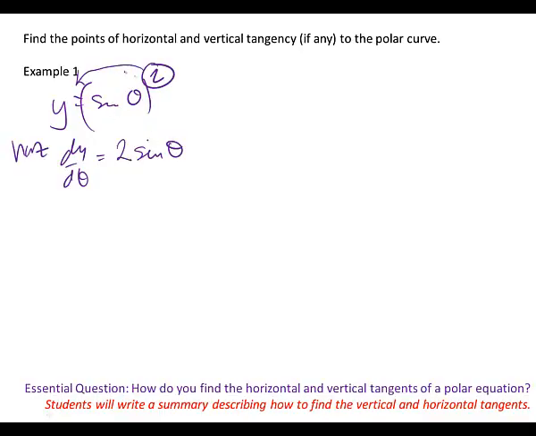And then what's the derivative of the inside? Cosine theta, right? I want you to go look at your double angles again and give me something that converts into. Okay, so this is the same as saying sine 2 theta.